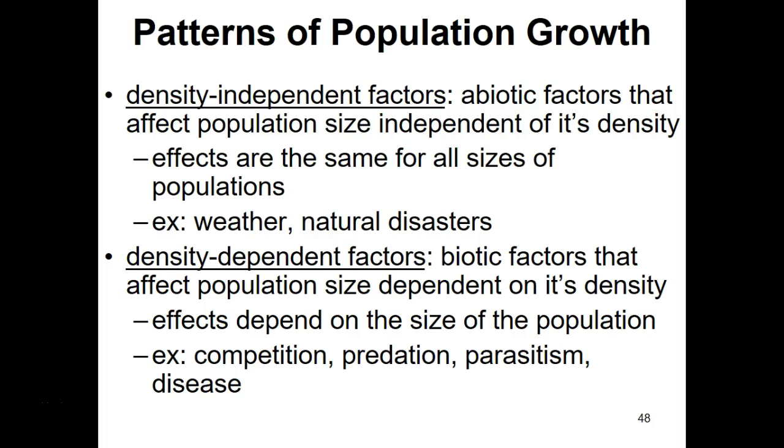When a natural disaster hits, it can wipe out hundreds or even thousands of individuals. Density dependent factors are things like food, so you're going to have competition for food. Disease. Those are things that are influenced by the size of a population. Disease can spread in a larger population. If there are very few individuals in a population, then the disease is less likely to spread.